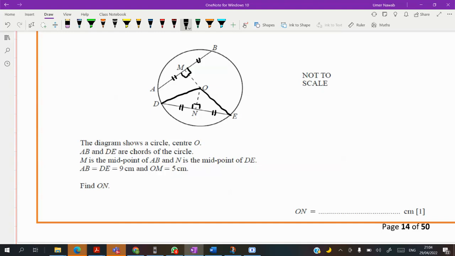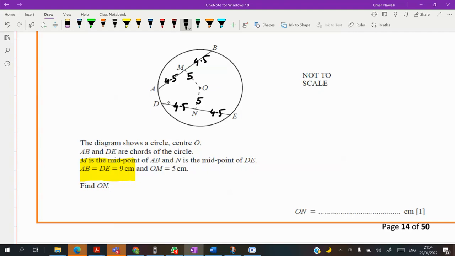So we want ON. What are the dimensions given to me? He said AB is 9 and DE is 9. Okay, so let me write here 9. So this should be 4.5, 4.5, 4.5, 4.5. OM is 5. This is also 5. And I want ON.